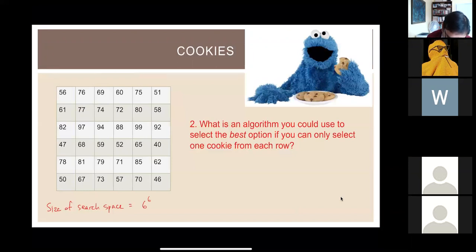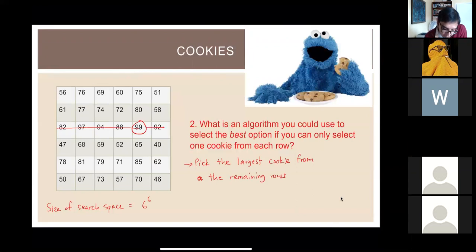That's right. So pick the largest cookie from any of the remaining rows. Okay, so again, we start with the 99 since that's the largest, but once we choose the 99, we've got to eliminate that row.